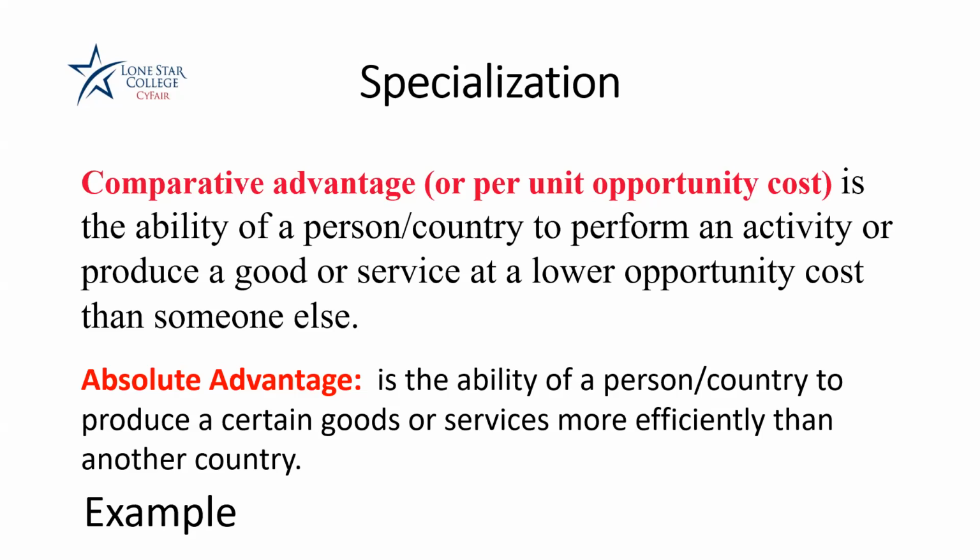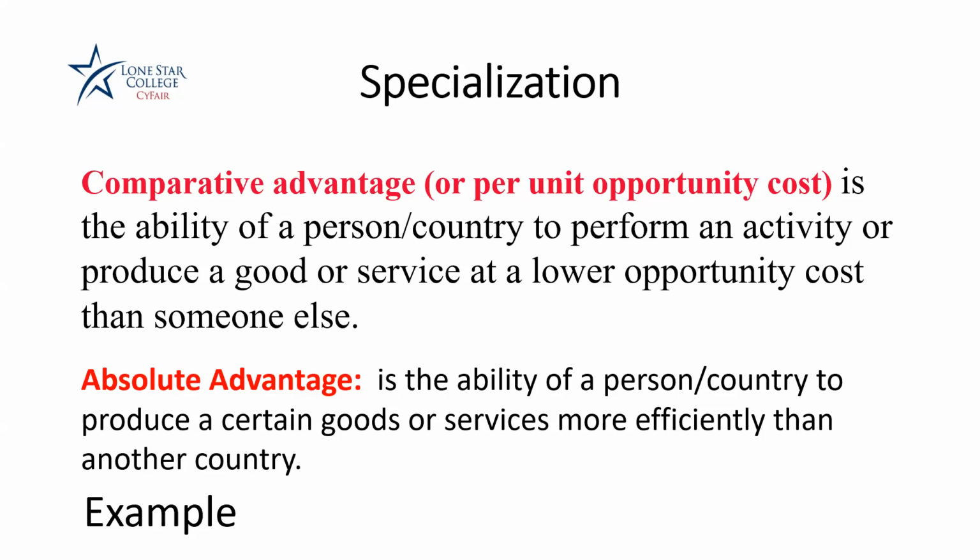So comparative advantage is when a person, a producer, or a country is able to produce, let's say, product X at a lower opportunity cost compared to another country or another producer. So when it comes to comparative advantage, it's all about opportunity cost. Who has lower opportunity cost?